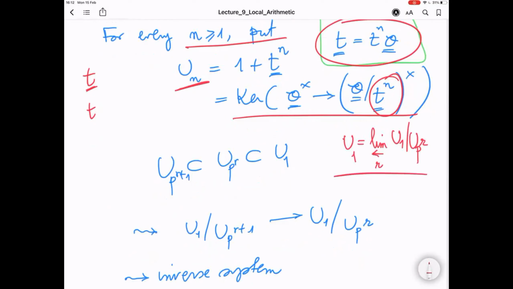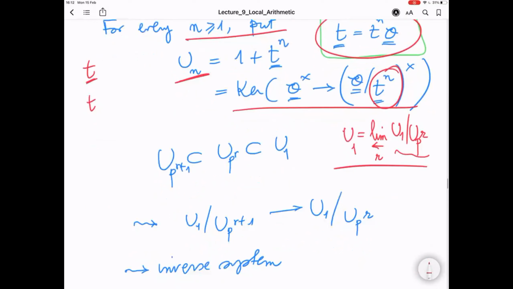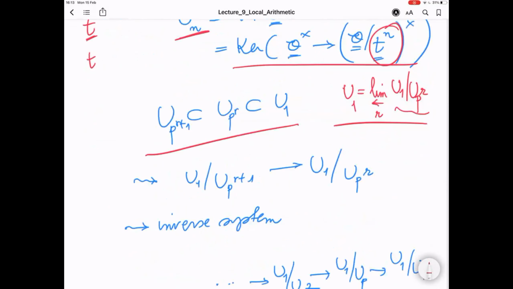So I need to explain what the maps in this inverse system are. The maps come from the following inclusions. You have U1, which contains U_{p^r}, which contains U_{p^r+1}. So that gives you a map from U1 modulo U_{p^r+1} to U1 modulo U_{p^r}. That gives you an inverse system.